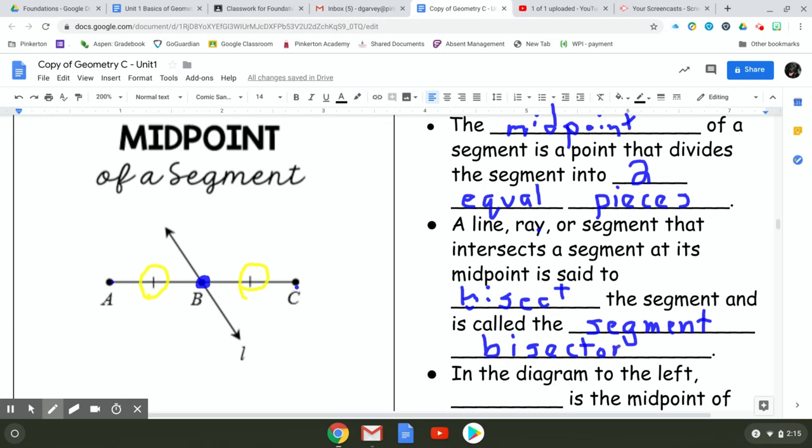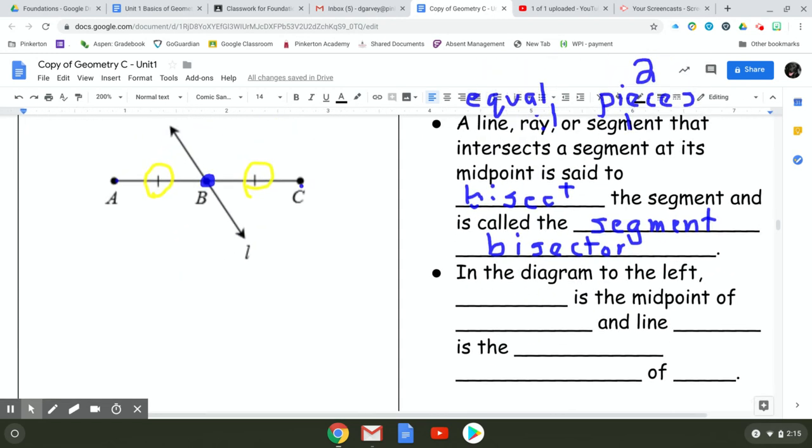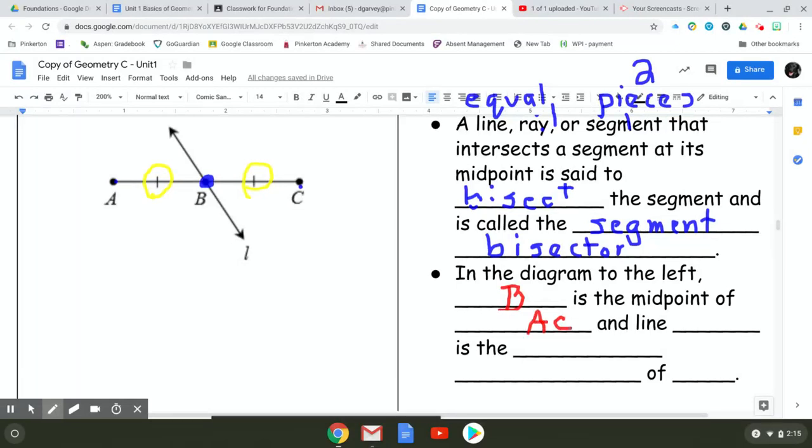So in the diagram to the left, I'll make sure we can still see the diagram. On the diagram to the left, point B is the midpoint of segment AC.